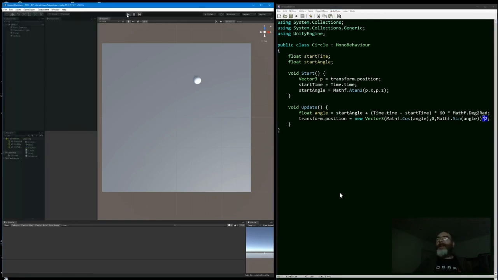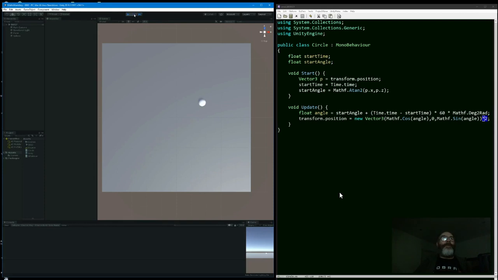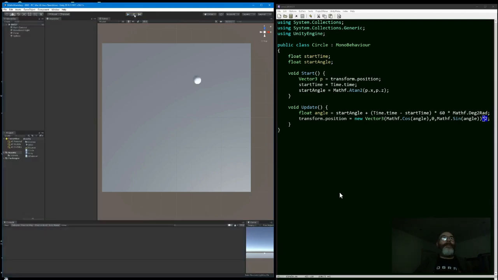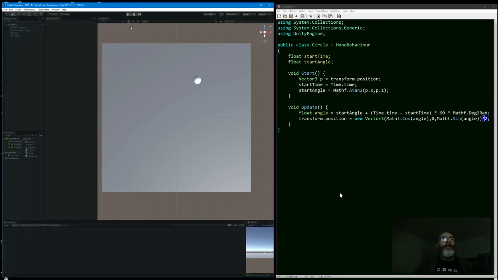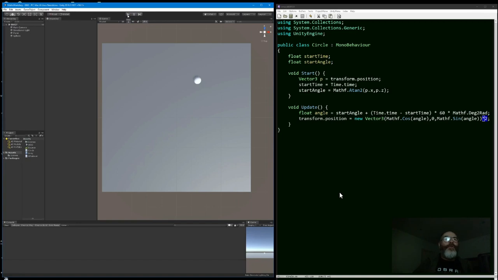And then the other thing that's slightly annoying me, actually, if I hit pause here, and then I hit play, oh, that's wrong. The angle has changed. That is not the correct angle.